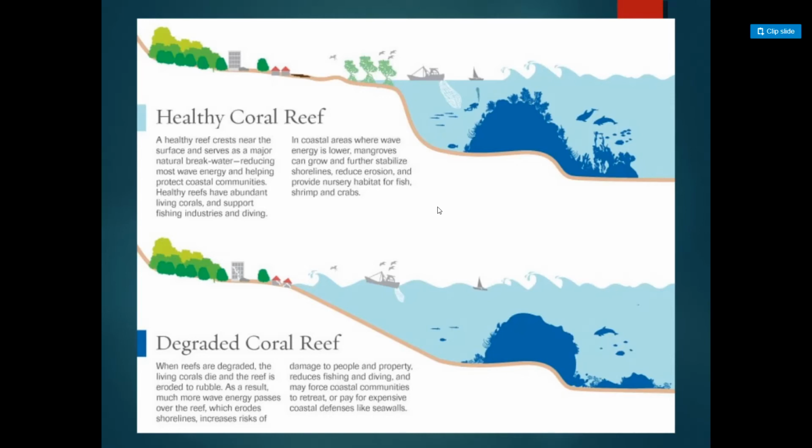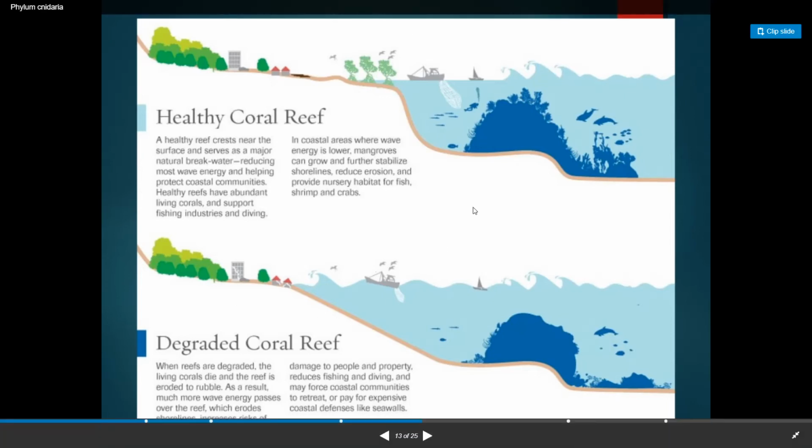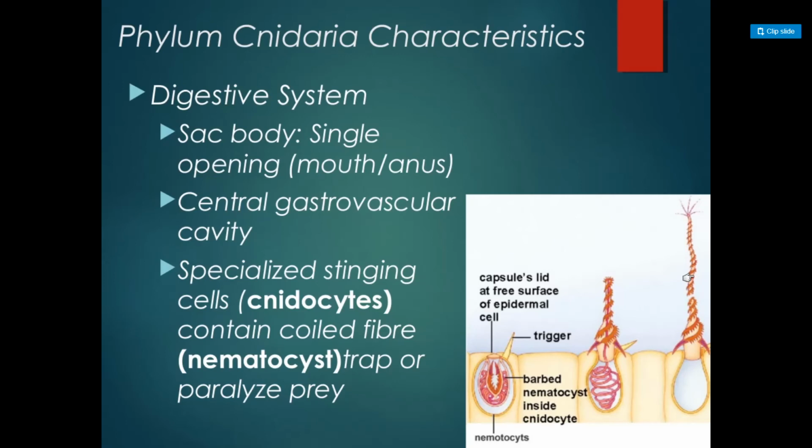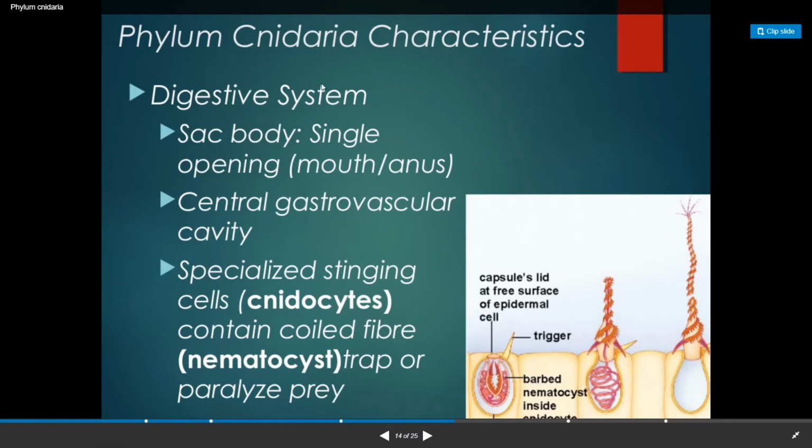Whenever a big storm hits, like in New Orleans, you're going to have more destruction. So healthy coral reefs are a good thing. They help save coastal communities. They help stabilize coastal areas, stuff like that.